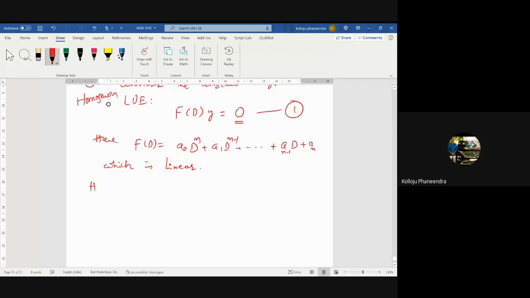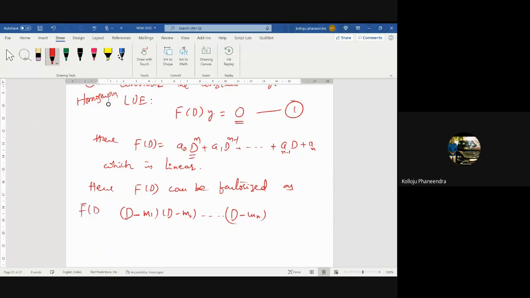Hence F of D can be factorized. Taking a0 common, it factorizes as D minus m1, D minus m2, and so on, D minus mn.